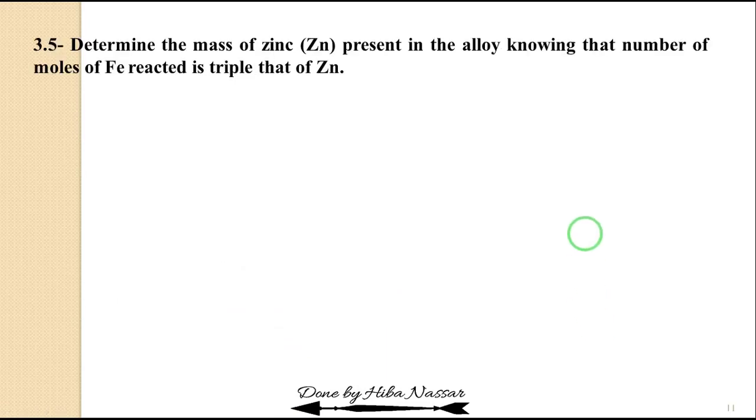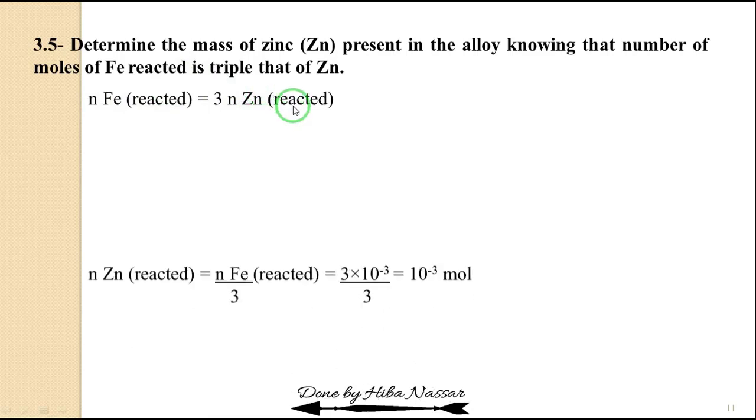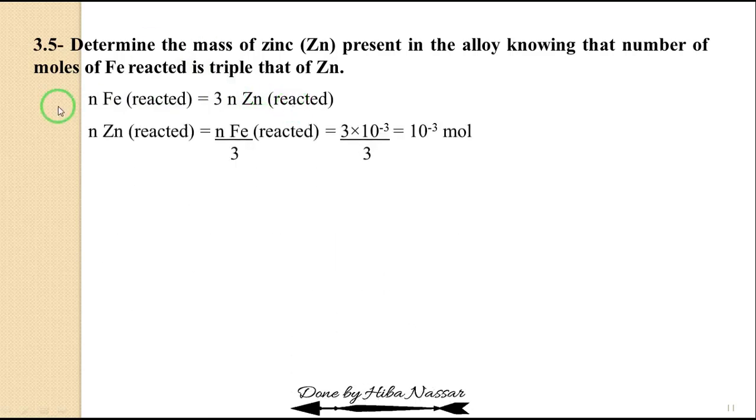Now question 3.5, determine the mass of zinc present in the alloy, knowing that the number of moles of Fe reacted is triple that of zinc. So we can say that the number of moles of iron reacted equals 3 times the number of moles of zinc which reacted. So we can deduce that the number of moles of zinc is equal to 10 to the power minus 3 mole.